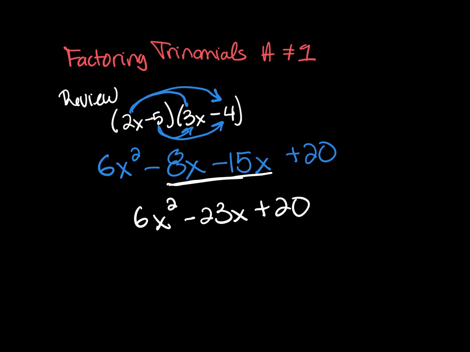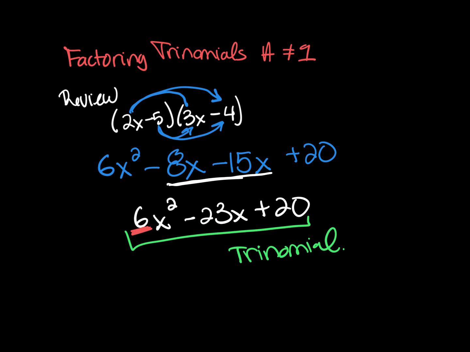So these are the types of trinomials that we're going to be factoring now. Notice that this trinomial has a number in the front. And this is what I mean by the leading coefficient is not 1. This time it's 6. That means that there are more possible answers, so we have to take more things into consideration.